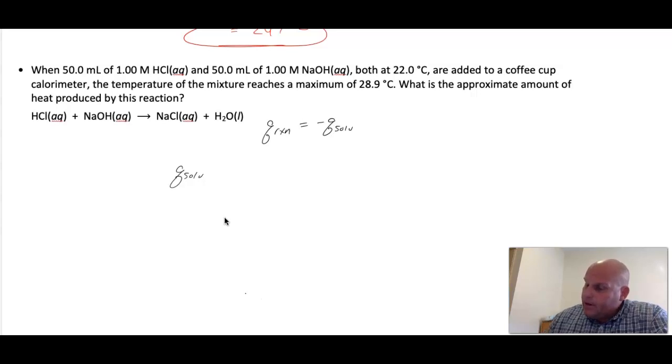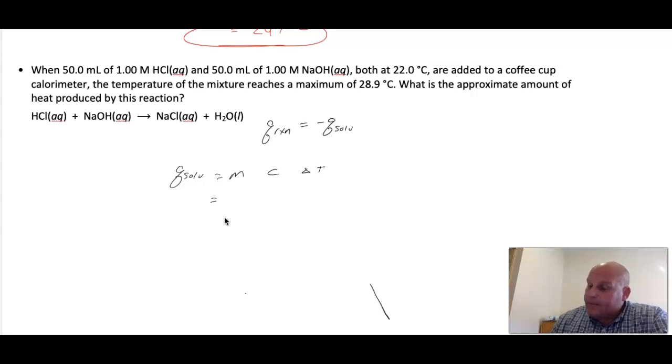Okay, so mass and delta T. A couple things I have to think through here. The mass of my solution is after I've added my 50 mL of both aqueous solutions. So I actually have 100 mL, and because it's a solution, AQ, that means it's based in water.